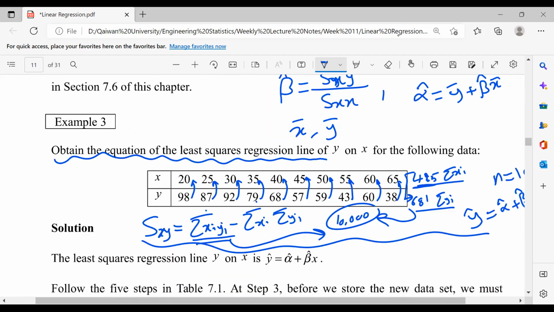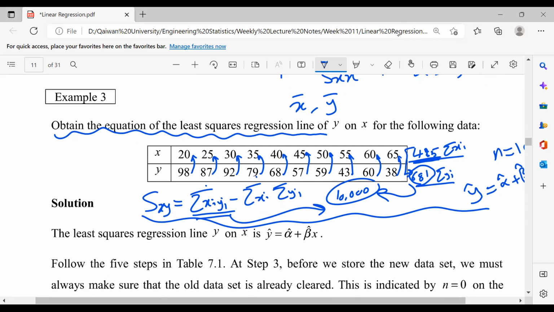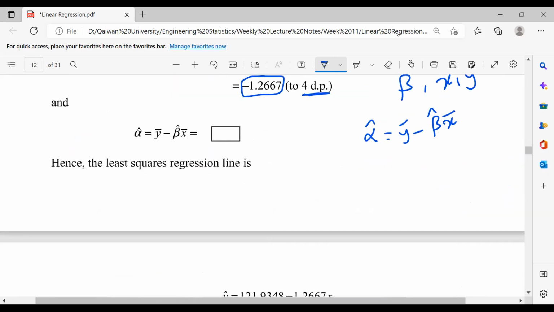We said the sum of x is 425. We divide by 10 because we have 10 data for x, and the sum of all elements of x is 425. We divide it by 10 to get x bar. And we divide 681 by 10 because we have 10 data for y, and the sum of all elements of y is 681. We divide it by 10, we get 68.1. And the above one is 42.5. These are x bar and y bar.